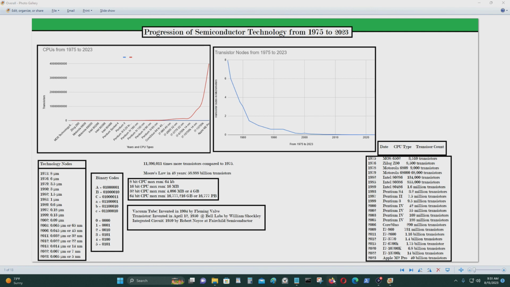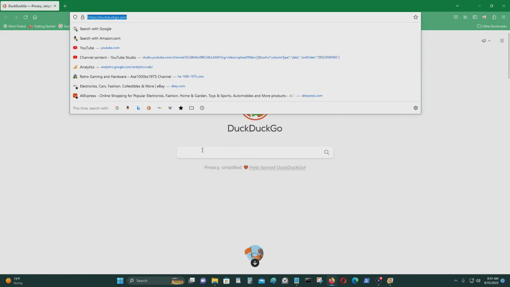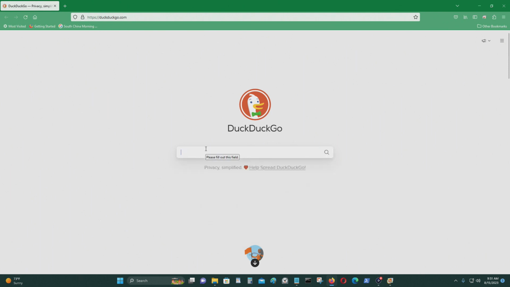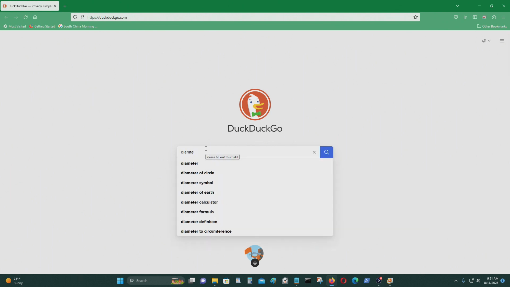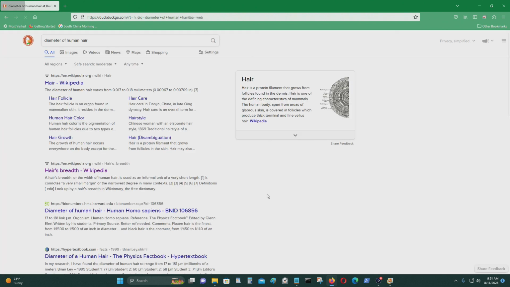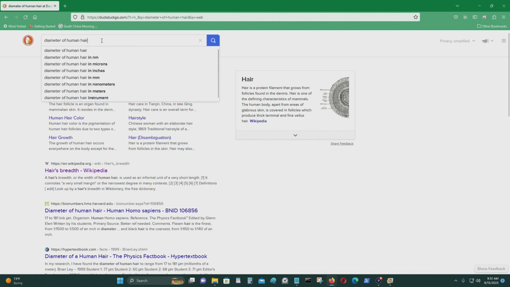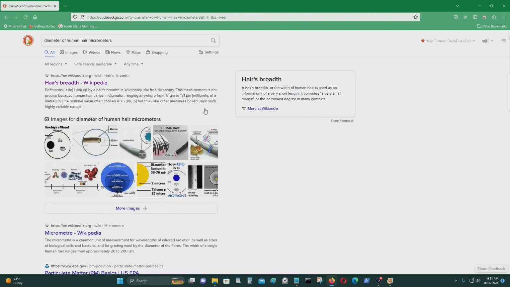Let me check if that's true. I don't know exactly. Okay, it's about 17 micrometers to 181 micrometers.